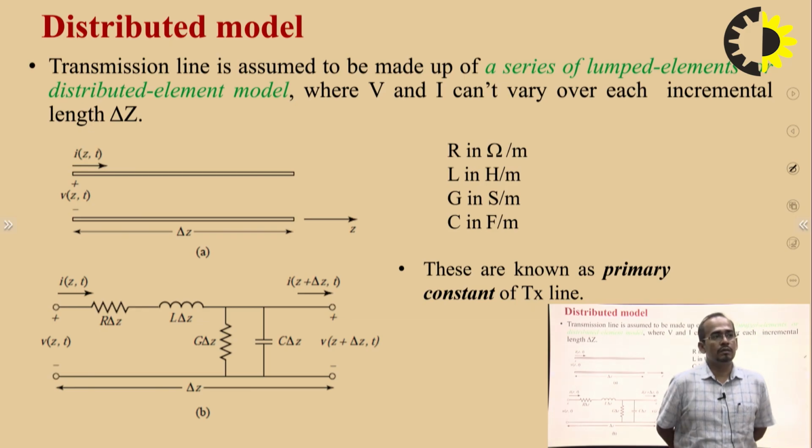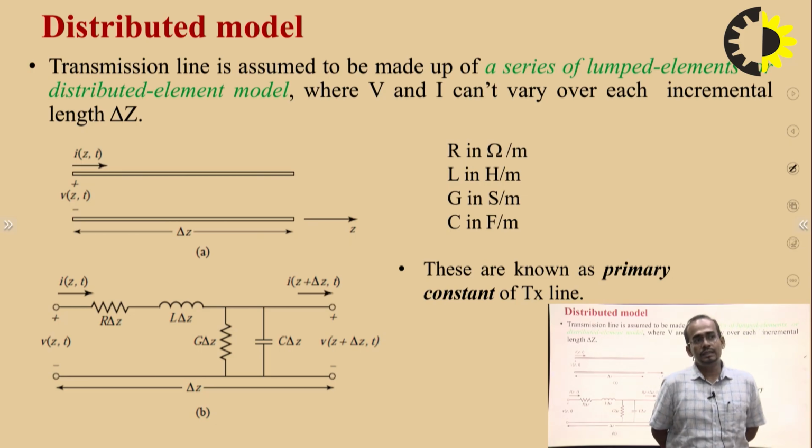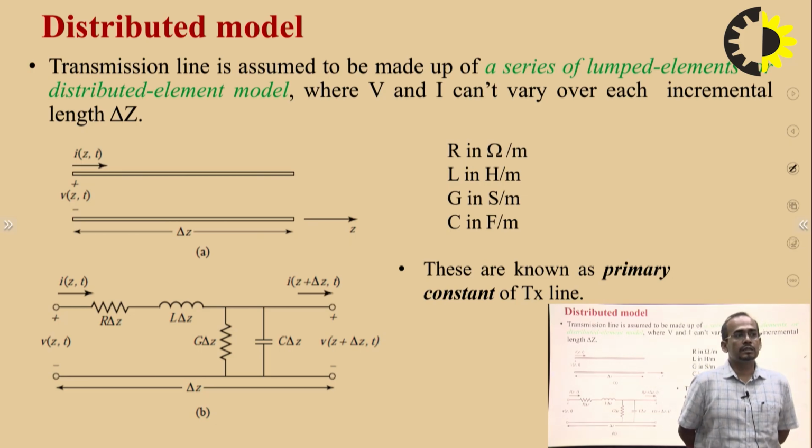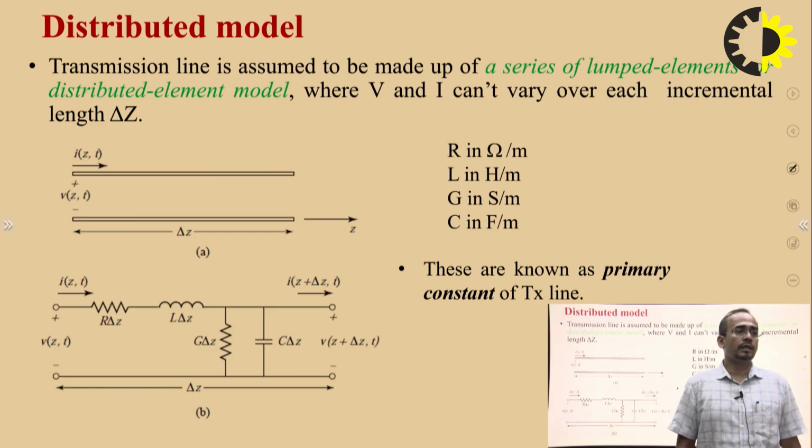Here we have considered the incremental length delta z, and the input current and voltage are functions of length and time. V(z,t) is the voltage, I(z,t) is the current.